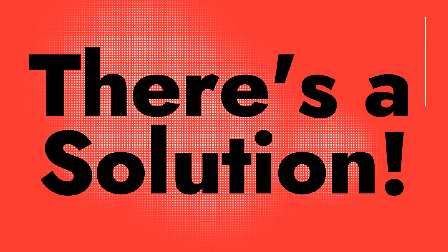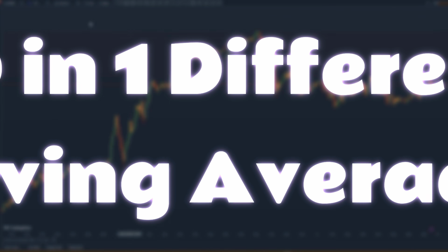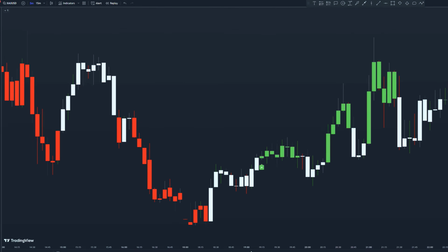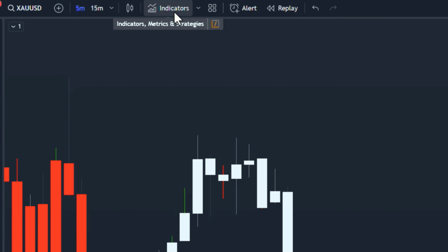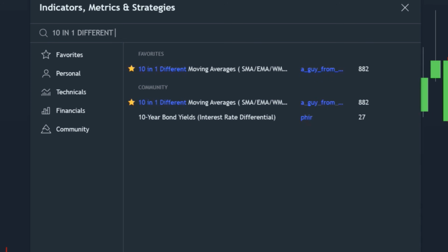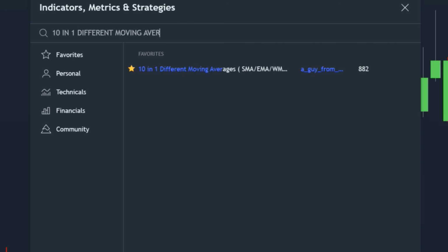But don't worry, there's a solution. The 10 and 1 different moving averages indicator can help address these issues. By incorporating this indicator into your strategy, you'll have a better grasp of market trend, ultimately reducing the likelihood of losses. So let's head back to the indicator section and add the 10 and 1 different moving averages indicator to your chart. This valuable addition will enhance your understanding of market trend, leading to more informed trading decisions.